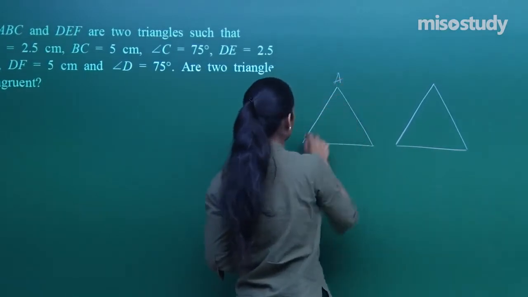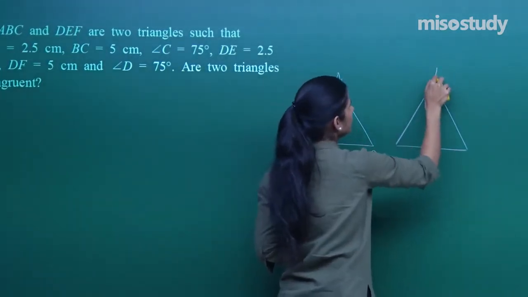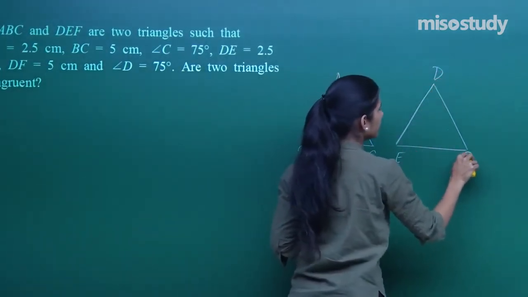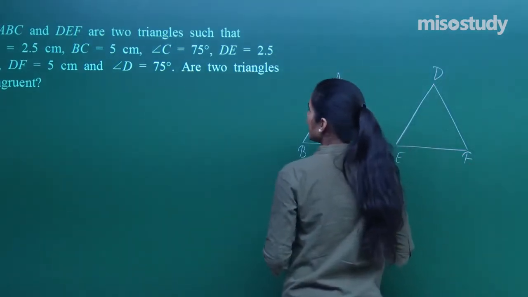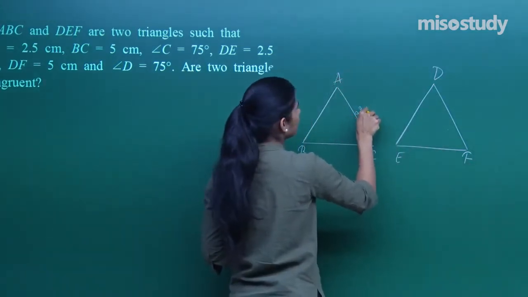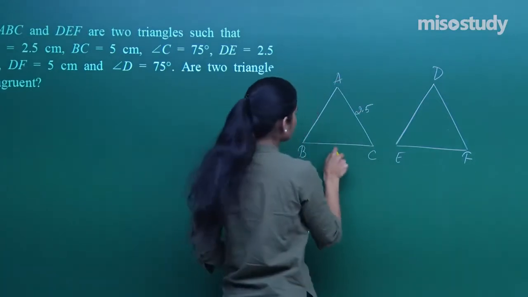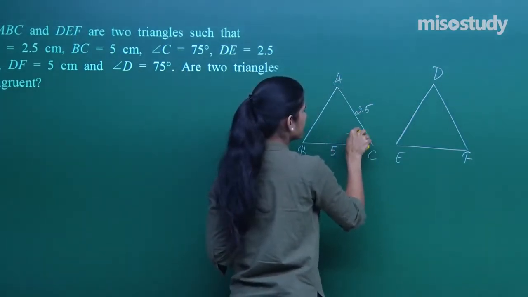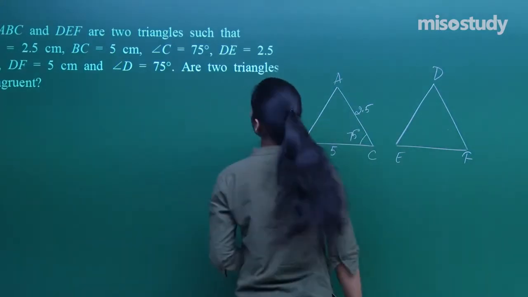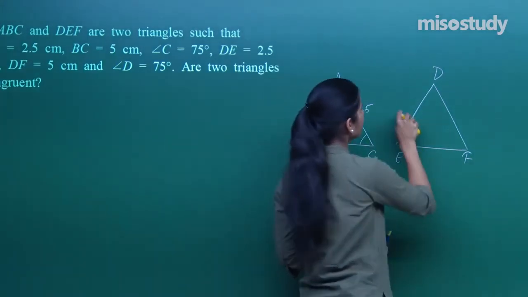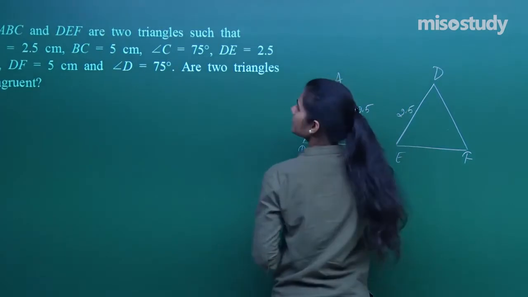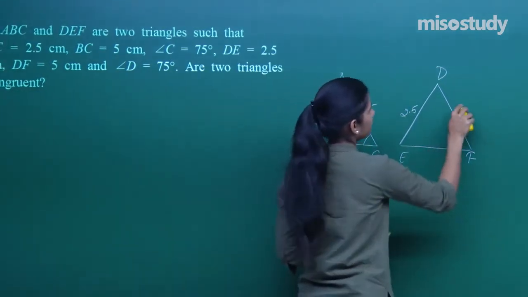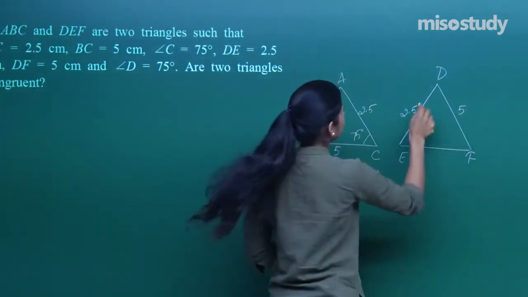Say this is A, B, C, D, E, F. It's given that AC is 2.5, okay. BC is 5, angle at C is 75. Fine. Then it is given that DE is 2.5, DF is 5 and angle at D is 75.